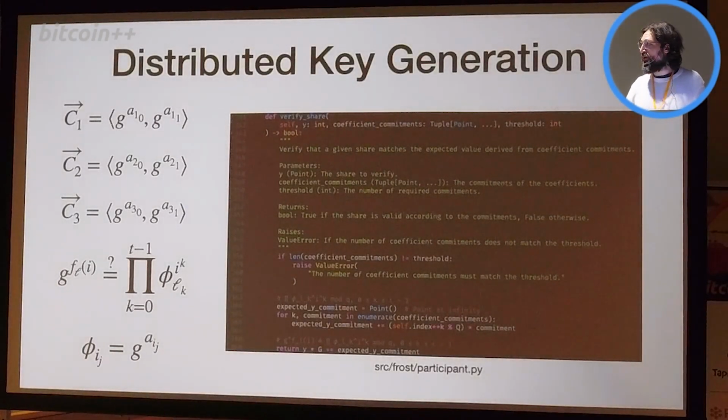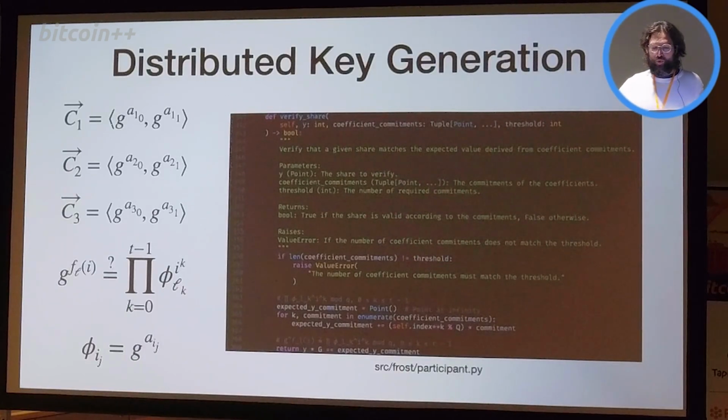So here's in code how we verify the shares. We initialize the expected Y commitment at the point at infinity because it will serve as this accumulator. And then we're going to iterate over each commitment.